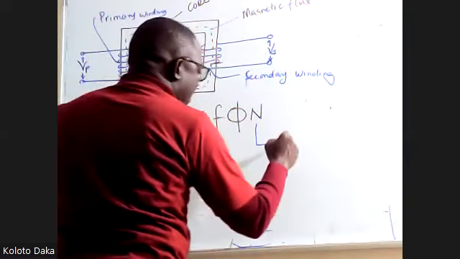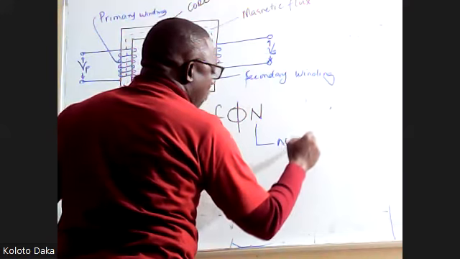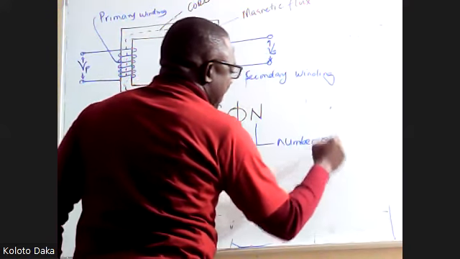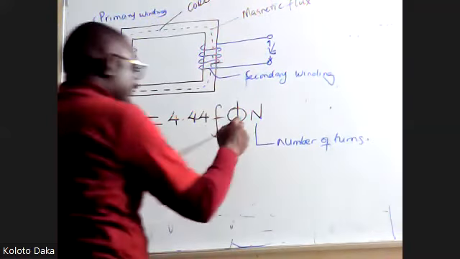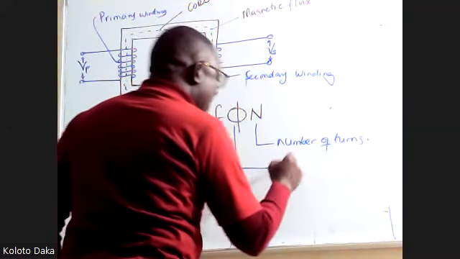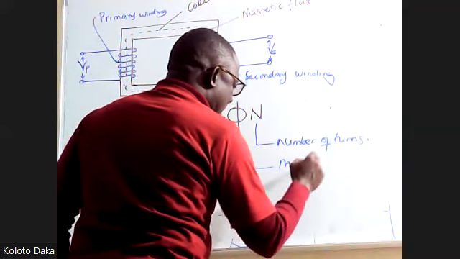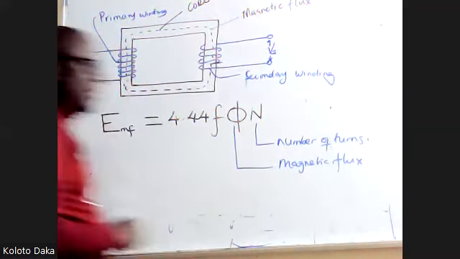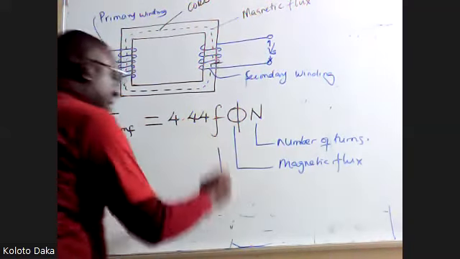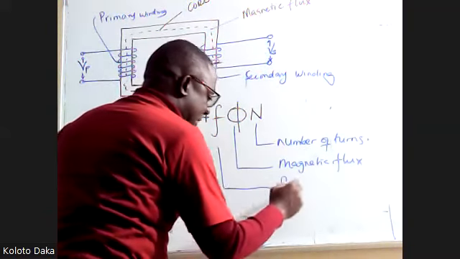Number one, the number of turns on the winding. Number two, magnetic flux. Number three is the frequency.